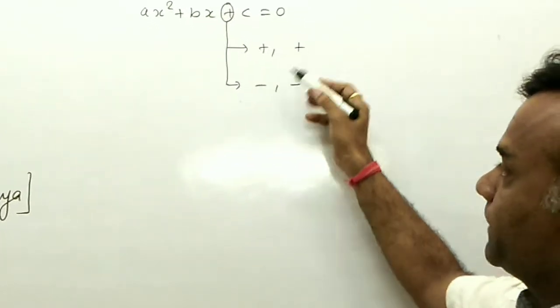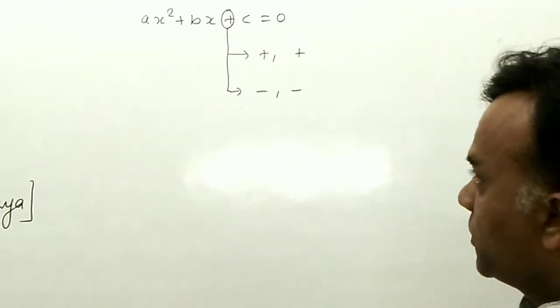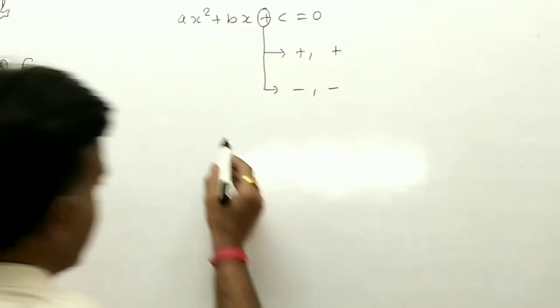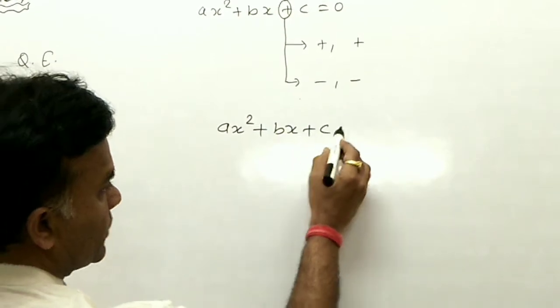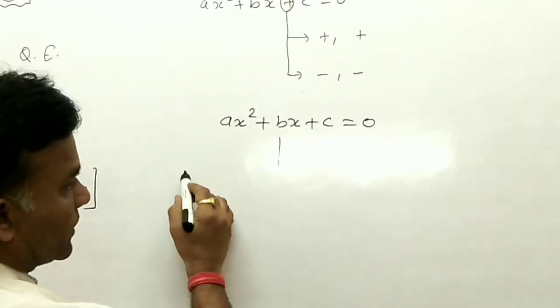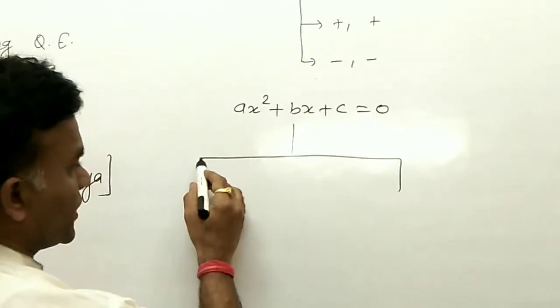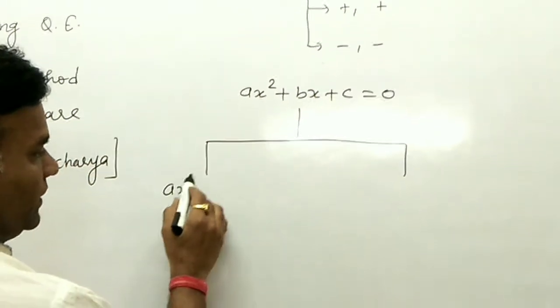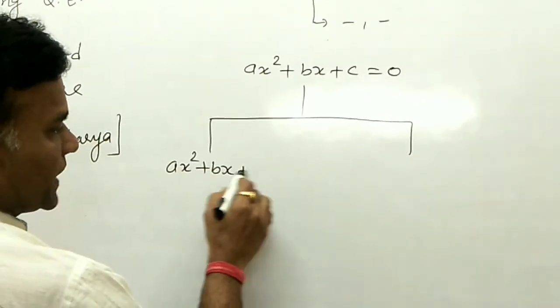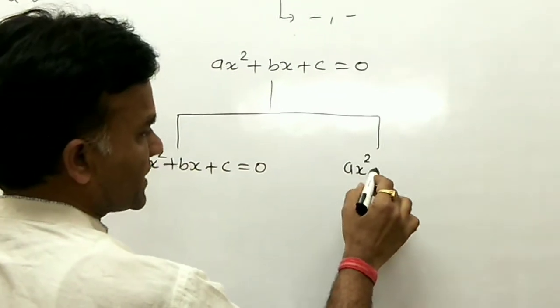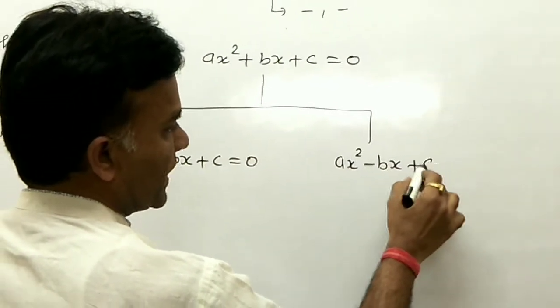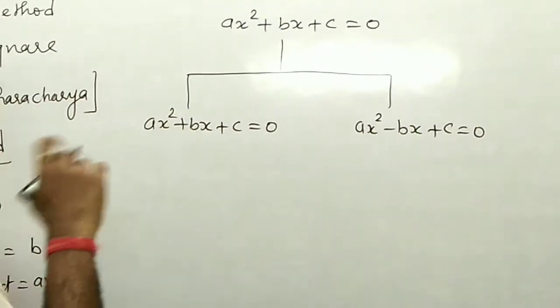So there are two situations: the equation ax square plus bx plus c equal to 0, and the second equation may be x square minus bx plus c equal to 0. So there are two chances.